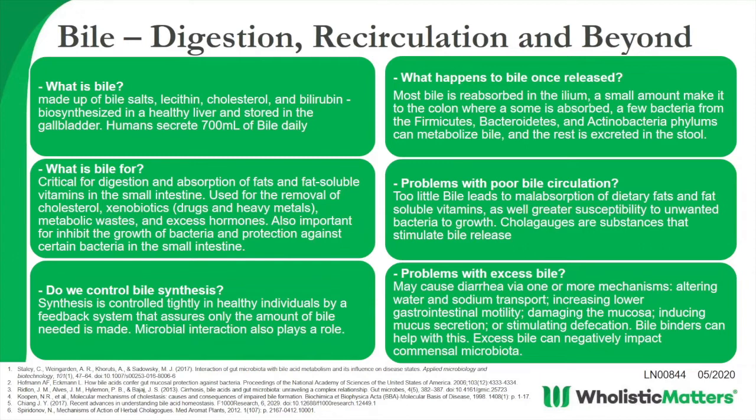Bile is critical for the digestion and absorption of fats and fat-soluble vitamins in the small intestine. It's used for the removal of cholesterol, xenobiotics, so these drugs and heavy metals and these various different components that our body recognizes and tries to get rid of through a number of mechanisms. Various metabolic waste and excess hormones, a lot of these are removed through bile.